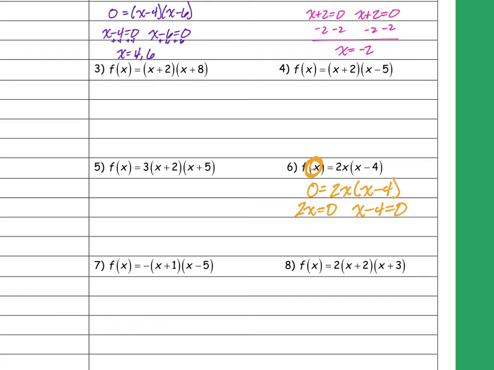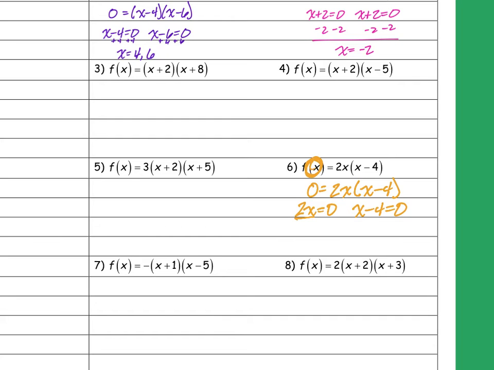Just because the 2x is in parentheses, and I'm not adding anything to the 2x, doesn't mean I'm not still multiplying that 2x times what's in the next parenthesis. So it still works out the same. I still need to get x by itself.